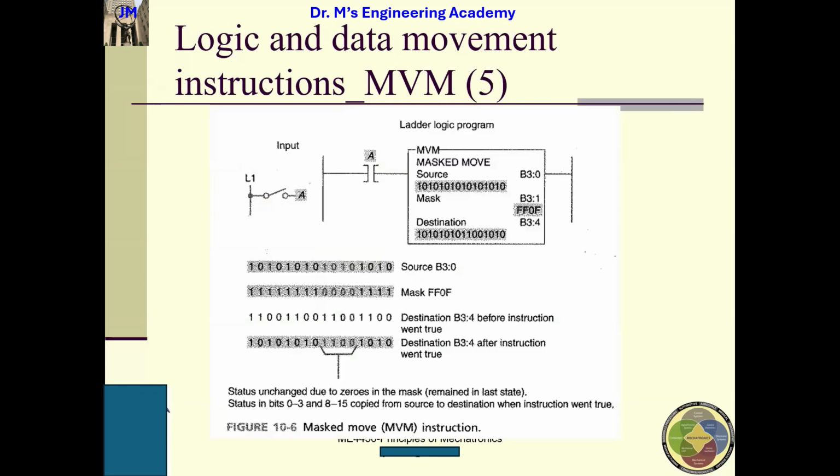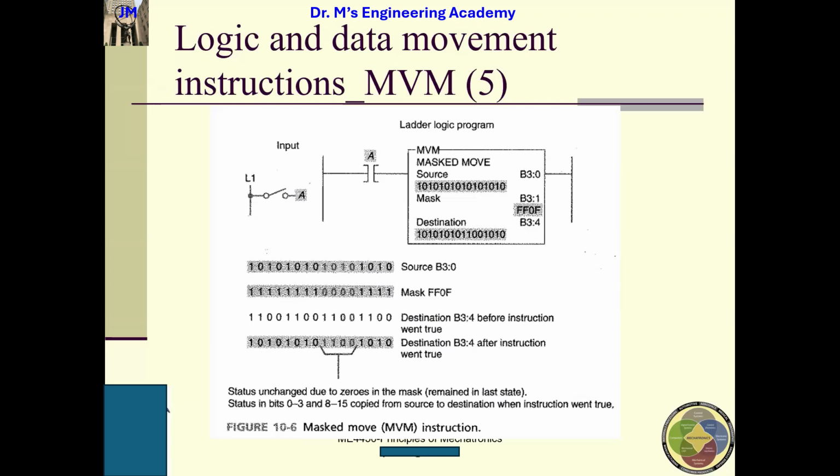So here is the MVM. If this is pressed, I'm going to move source to the destination via the mask. What does that mean, guys? I will give you an example here. The source, I have this kind of content.